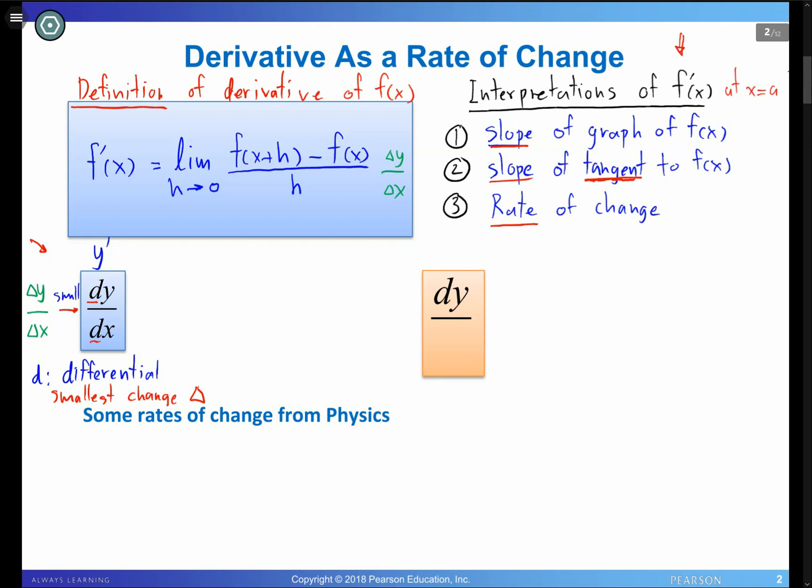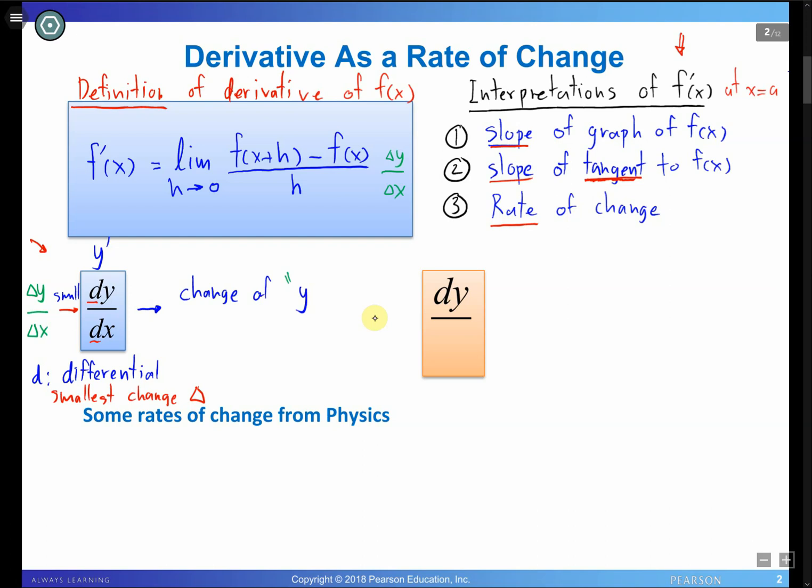Now we are going to put everything here together and translate these into words. So what does it mean here? Change of y divided by the change of x. So let's write that down. Change of the variable y. So the main thing is right here.